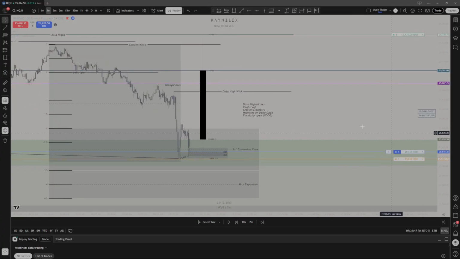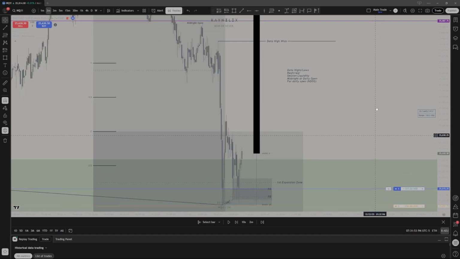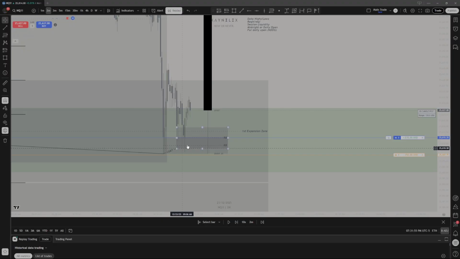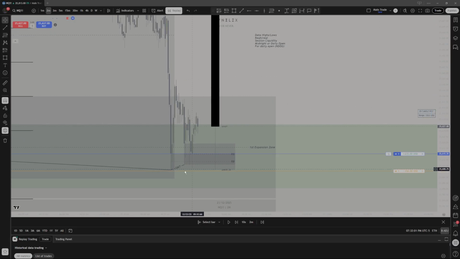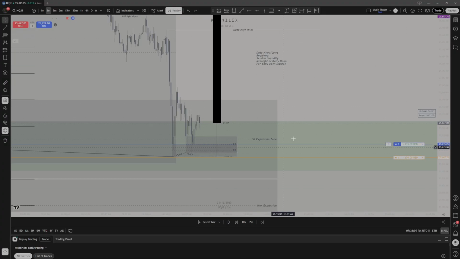So yeah, we can watch this play out now. As you can see, this is why you don't set it at the SMT right here. You set it at the low of the SMT. It actually also created another bullish SMT, so you could have entered off that too.